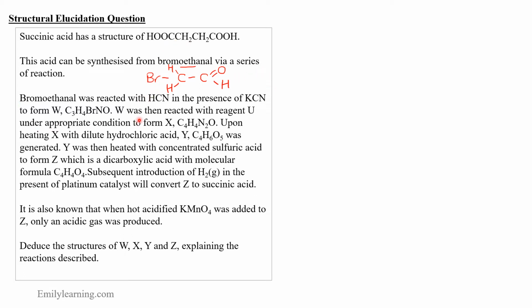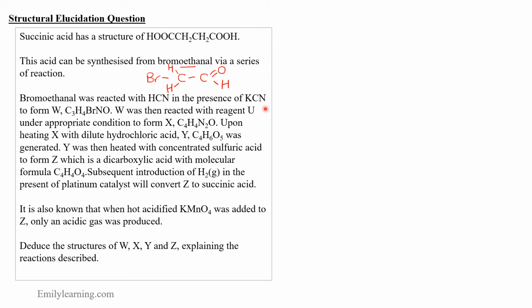If you have HCN in the presence of KCN, then we know that this is a nucleophilic addition reaction, because for nucleophilic addition of an aldehyde, we will use HCN in the presence of trace KCN or HCN with trace NaOH. If it is a nucleophilic substitution reaction with a halogenoalkane, then it will be ethanolic KCN and heat.